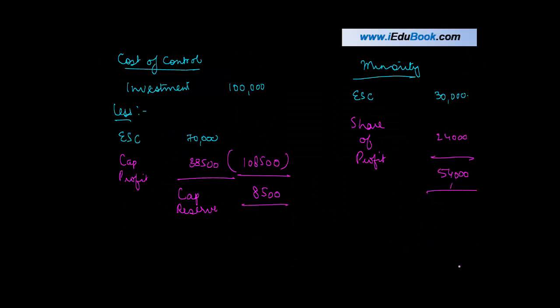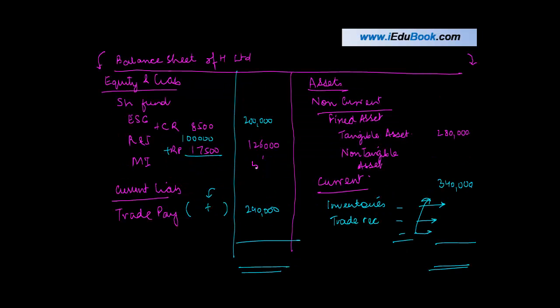Minority interest was how much? 54,000, right? Anything else? No. 340 plus 180 is 5,20,000. 5,20,000. And that is the balance sheet of H Limited for closing purposes.